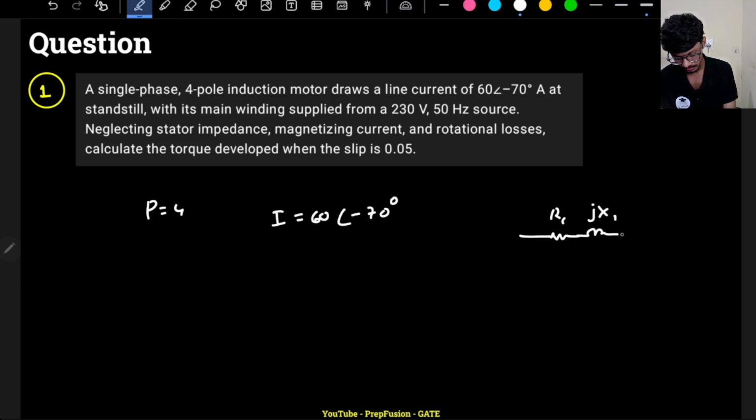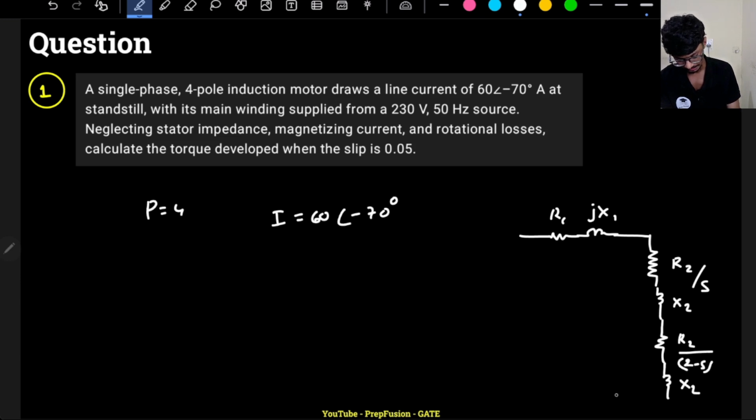Then it will have the resistance of the rotor side for the forward field, and there will be reactance x2 as well. Then I will have another resistance for the backward field, and then another reactance.